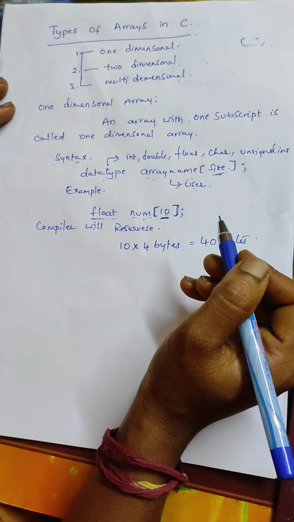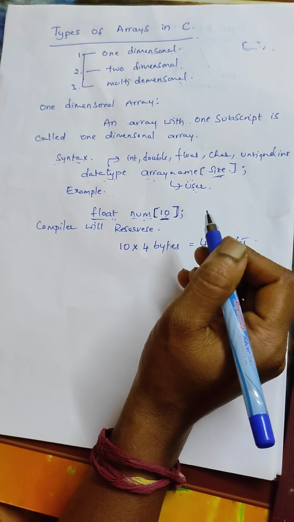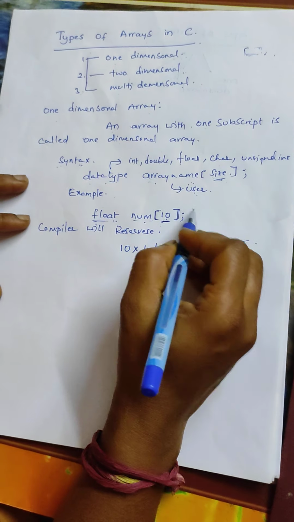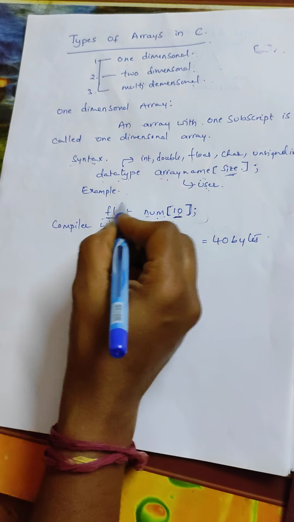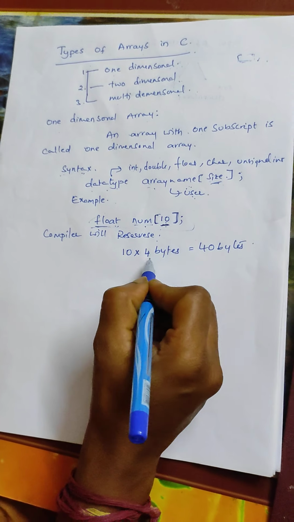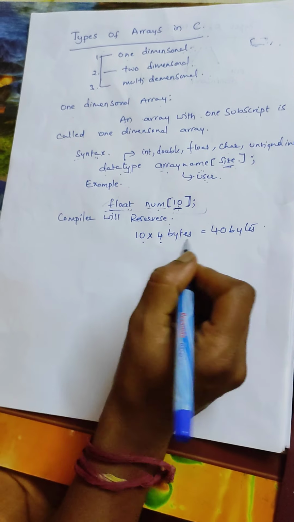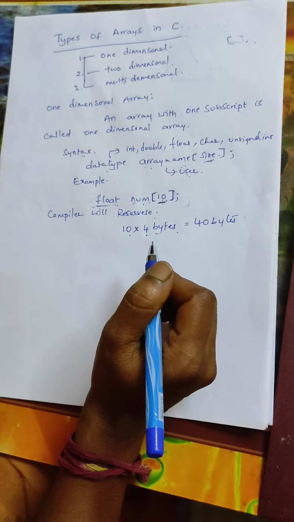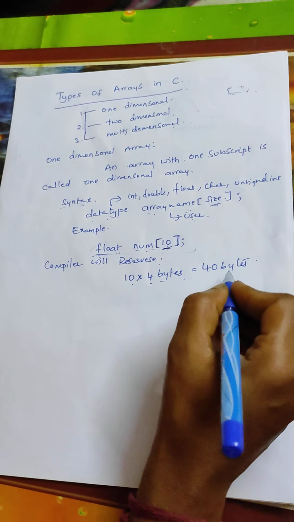Once you declare an array like this, the compiler will reserve the required memory for this array. So what's happening once you declare your array? For storing one floating point, the compiler will take 4 bytes, so in order to store 10 floating point values, it will reserve 40 bytes of memory.